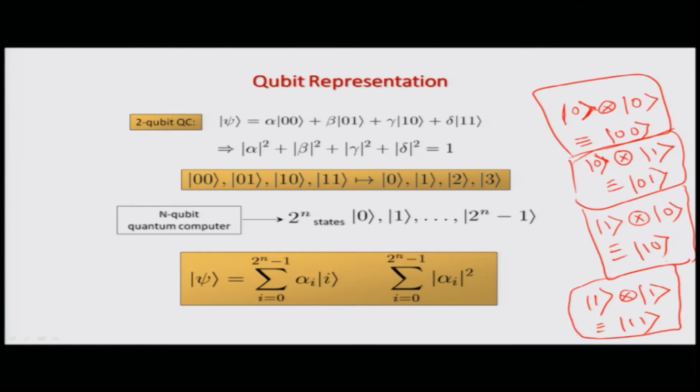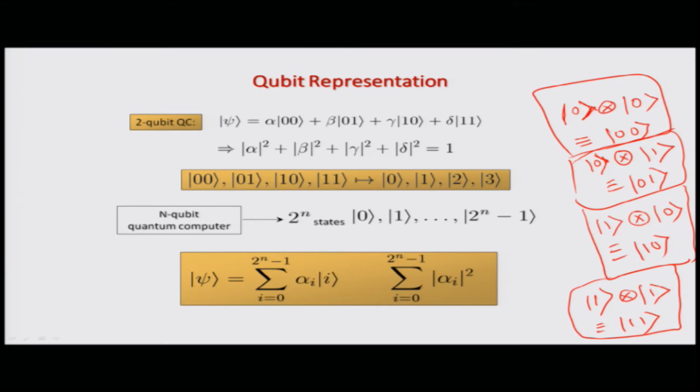These are the 4 different possibilities, and they have their own probabilities of existence: mod alpha squared, mod beta squared, mod gamma squared, mod delta squared, and the sum would always be equal to 1 because the total probability has to be 1.